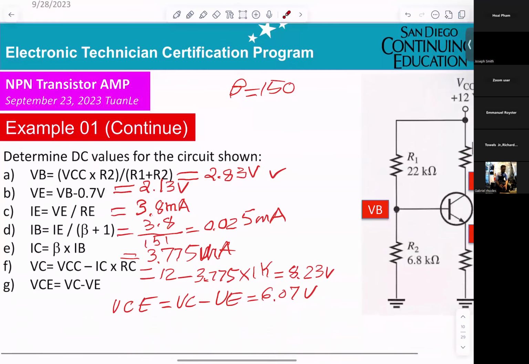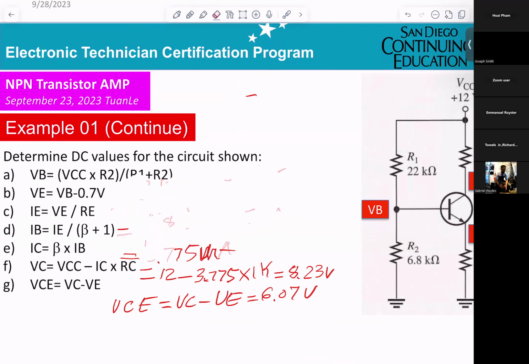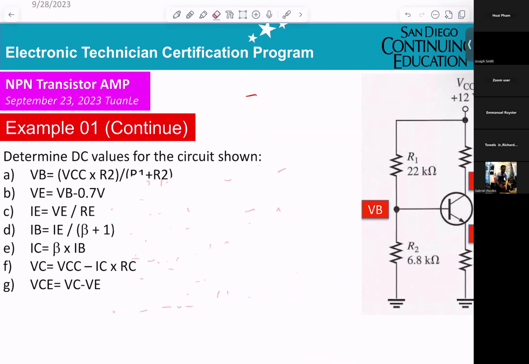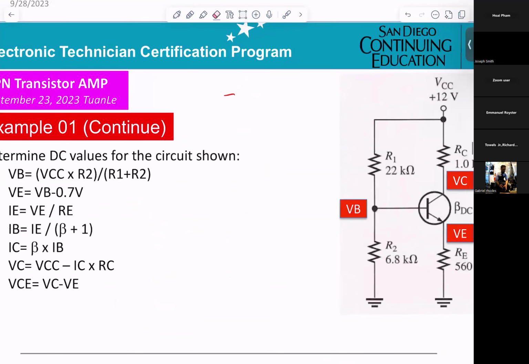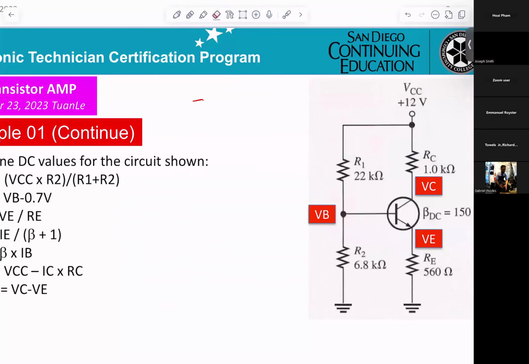Now, they want you to calculate the VB. Voltage divider, this I already gave you, the formula here.